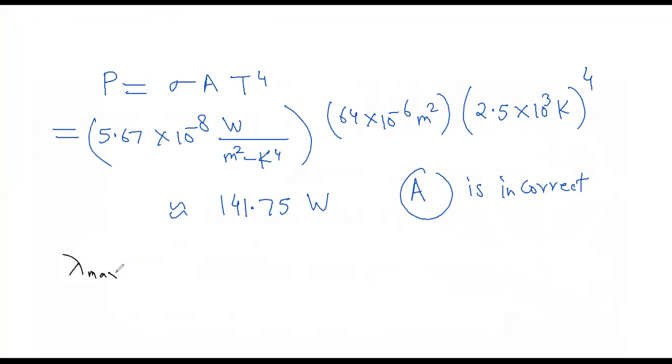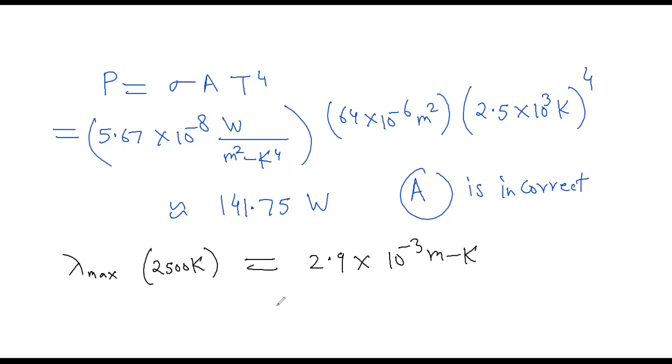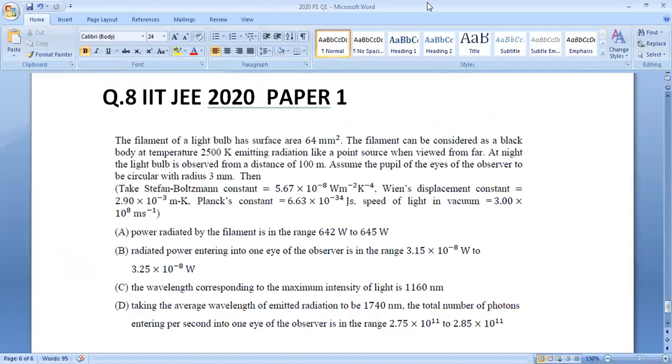So lambda max into 2500 Kelvin is 2.9 into 10 raised to minus 3 meter Kelvin. Now if you solve it, you will get lambda equal to 1150 nm, and this means that option C is also correct. After B, C is also correct.